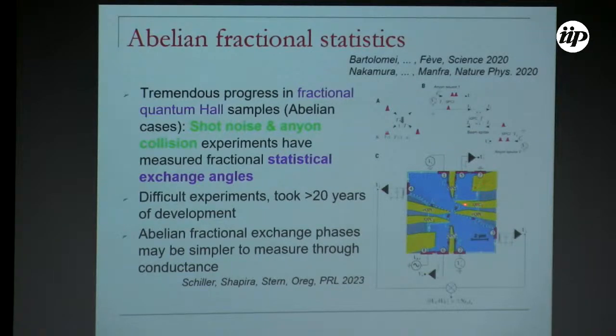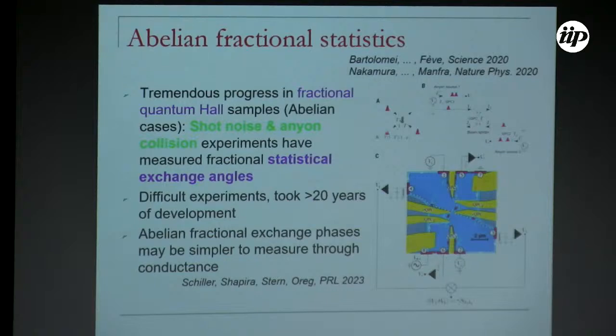You basically generate with quantum point contacts the edges carrying these fractionally charged anyons. And then you let them collide or probe shot noise. And in this signal, one can sort of see how they braid. So you can see how the statistical exchange angle shows up.